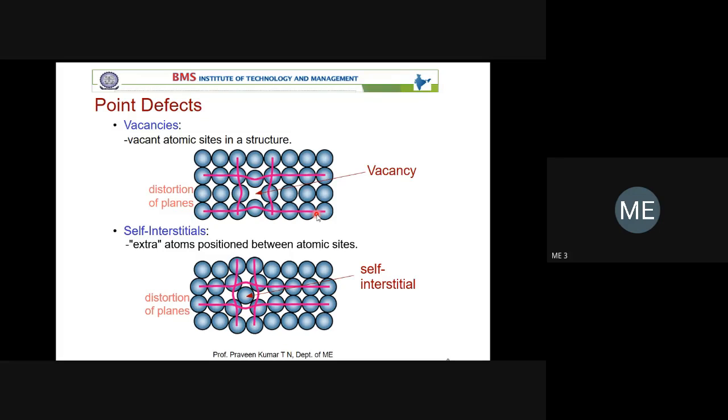Fe is a BCC structure. All corners have one atom, and in the center there is one more atom. If one more Fe atom goes inside the unit cell and occupies a certain position, then it is referred to as self interstitial. The parent atom as well as the interstitial atom are the same, then it is referred to as self interstitial.